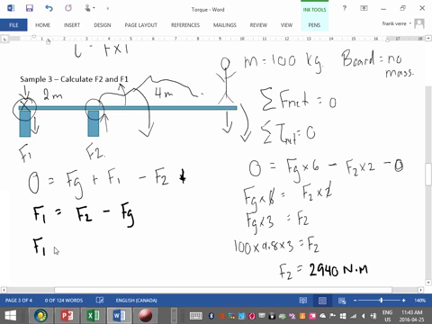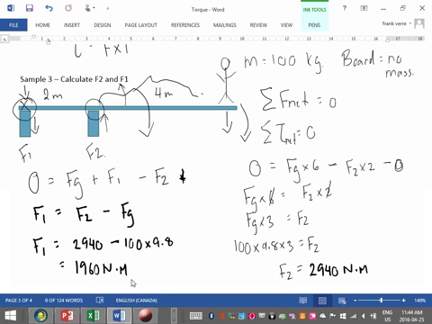So F1 would be F2, which is 2,940 minus Fg, which is 100 times 9.8, which is 980. So 1,960 Newton meter.